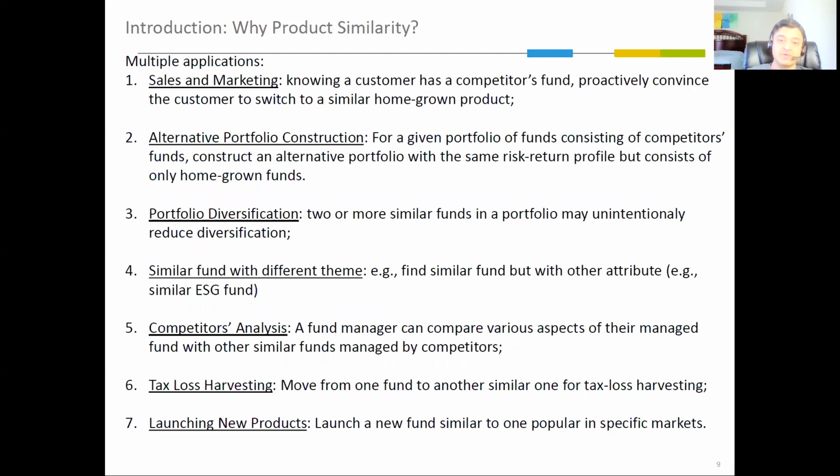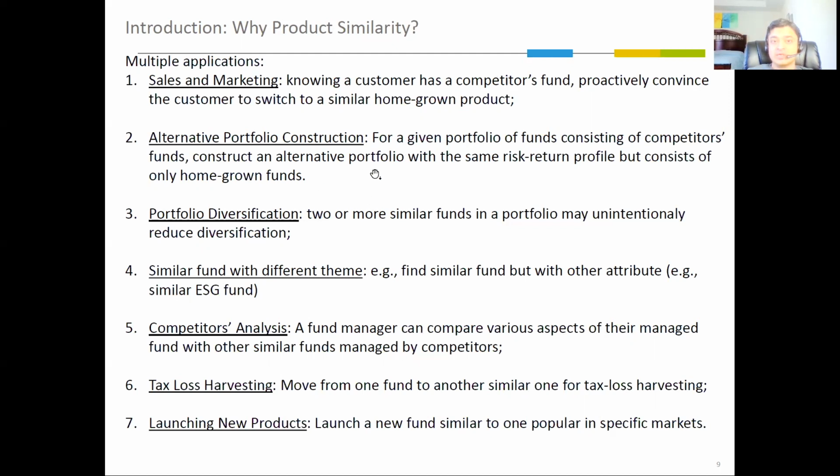The salesperson can then start recommending these similar funds, trying to persuade this end investor to replace their existing funds with the homegrown products while retaining the same risk return profile and so on. So that's one example application for this product similarity tool.